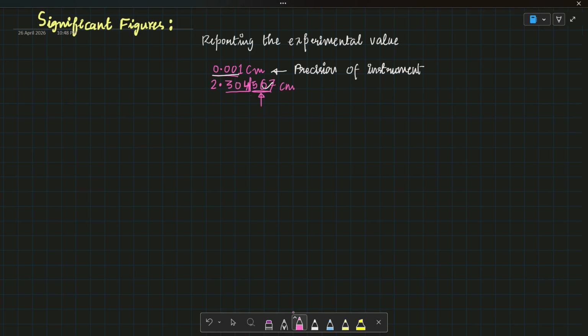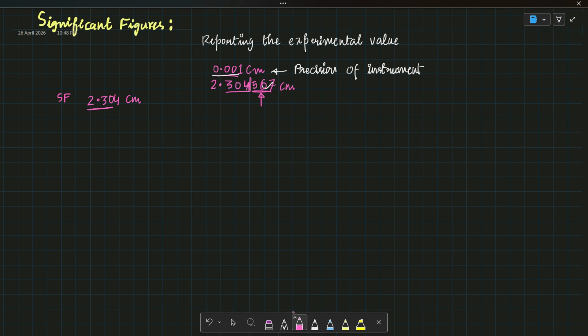Now let's say that we have reported this value as 2.30, because we cannot go further than 3 decimal points. This is our length. So the significant figure is always calculated like this.